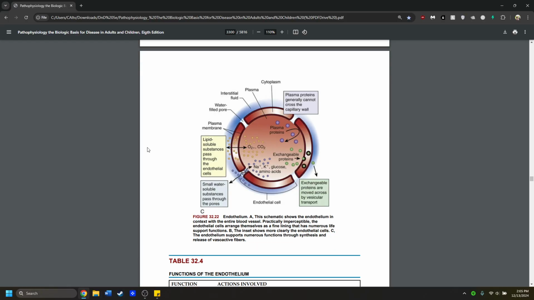And here we're looking at C. The endothelium supports numerous functions through synthesis and release of vasoactive factors. So we have our cytoplasm, the plasma, the interstitial fluid, water-filled pores. Our plasma membranes pass oxygen and carbon dioxide, sodium, potassium, amino acids, glucose, and exchange of proteins. All sorts of good stuff.